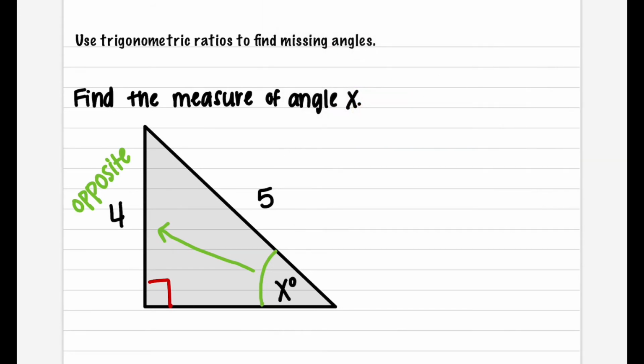Directly across from the 90 degrees, we have the side labeled 5, so that makes this the hypotenuse. If we have opposite and hypotenuse, we know that is sine. So the sine of angle x is equal to the opposite, which is 4, over the hypotenuse, which is 5.